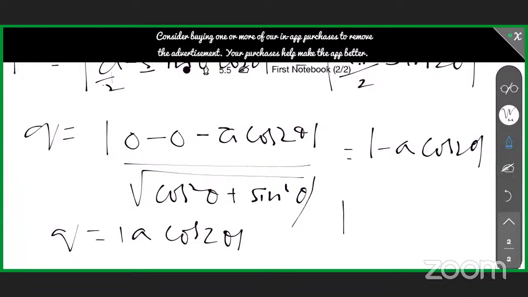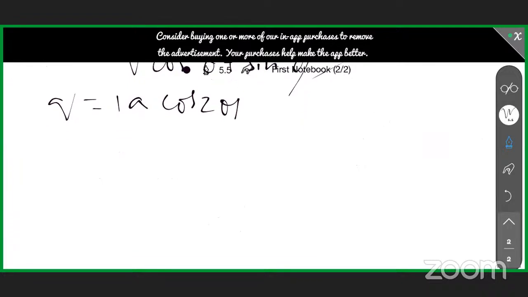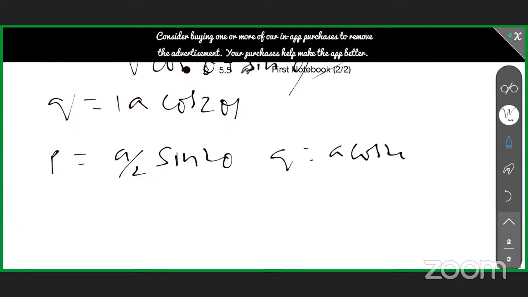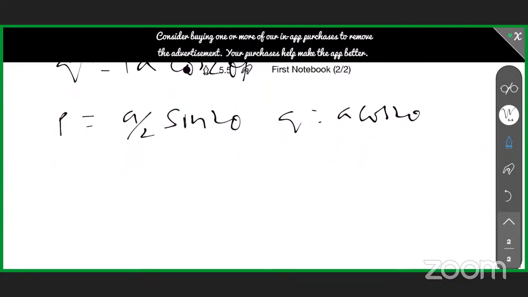So I have to find the relationship between P and Q. My P is A by 2 sin 2 theta. My Q is equal to A cos 2 theta. So I have to square on both sides. So P square is equal to A square by 4 sin square 2 theta.